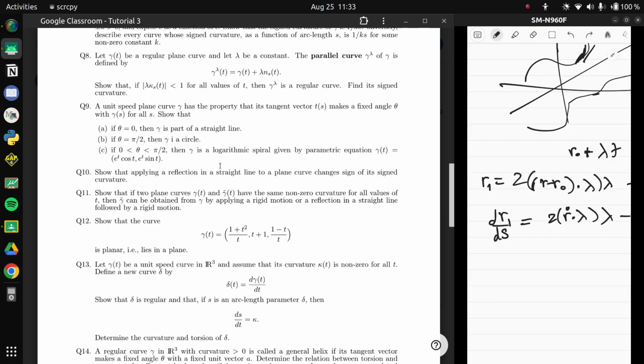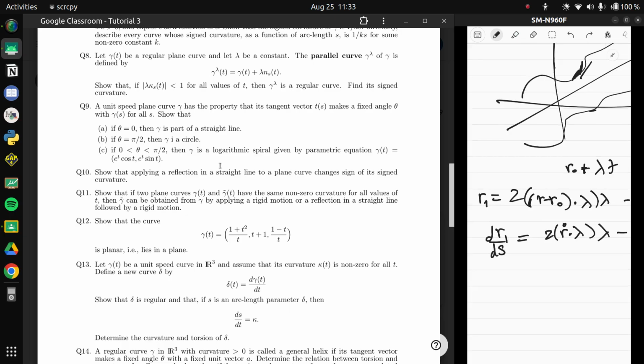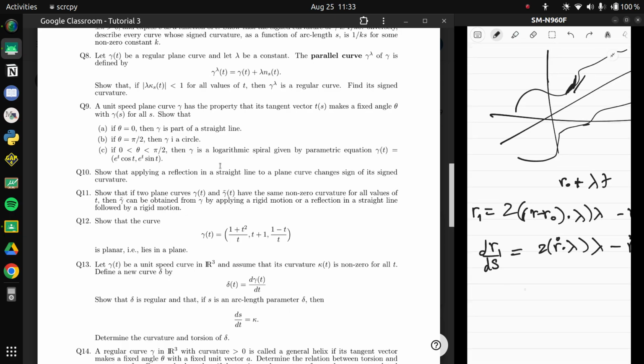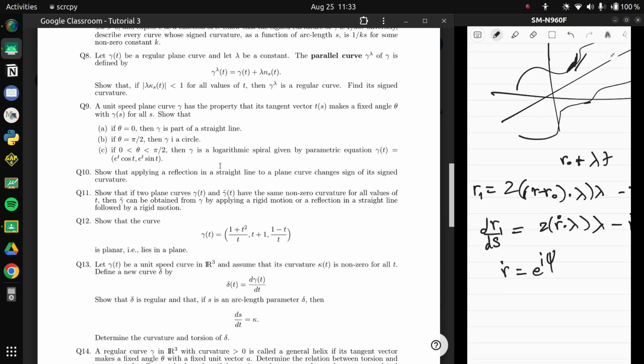It's a unit vector in any case, right? So suppose your r dot is something like e power i phi, so that tangent vector is like e power i phi, right?